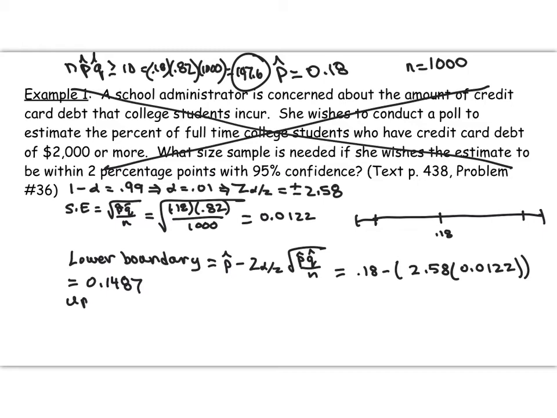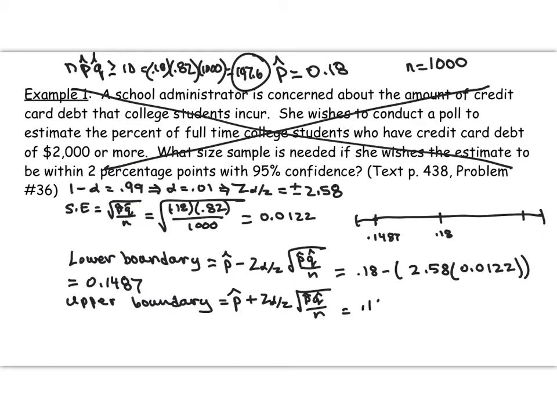Now for my upper boundary. Oh, by the way, that value goes up here, 0.1487. It's our point estimate plus z alpha over 2 times the standard error.